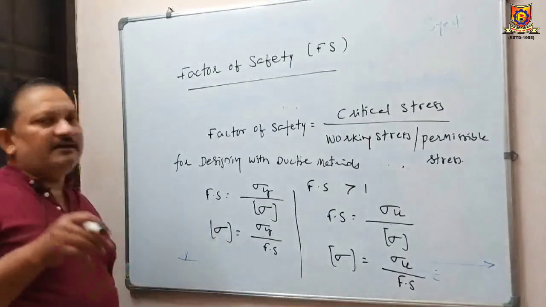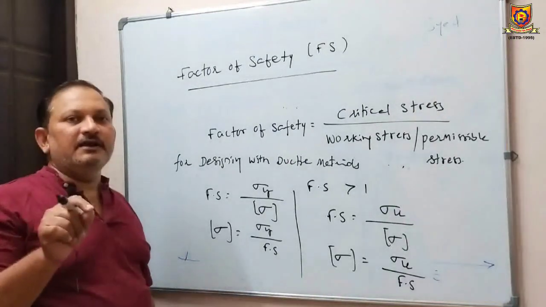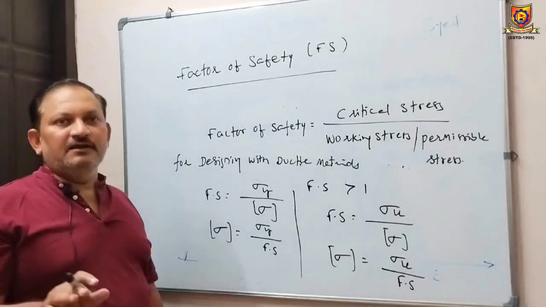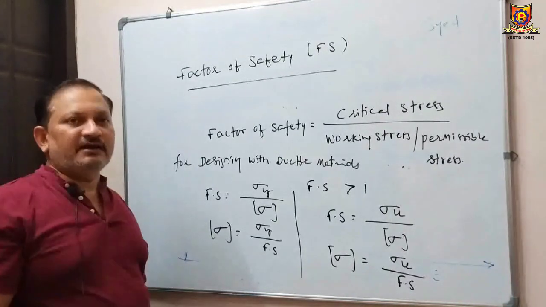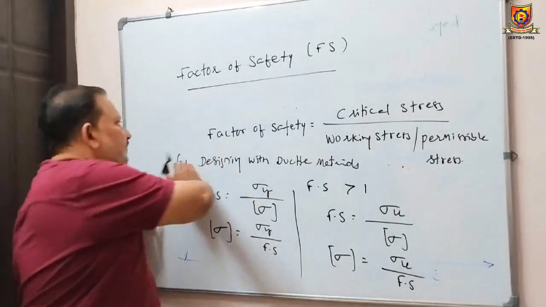It means that the selection of factor of safety value purely depends upon experience. There is no hard and fast rule for calculating or defining the factor of safety. Okay.